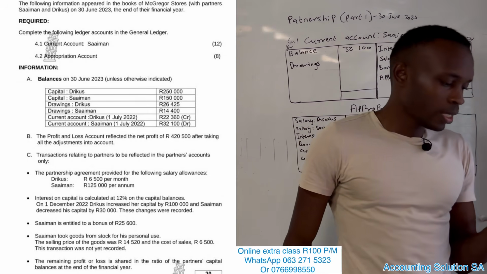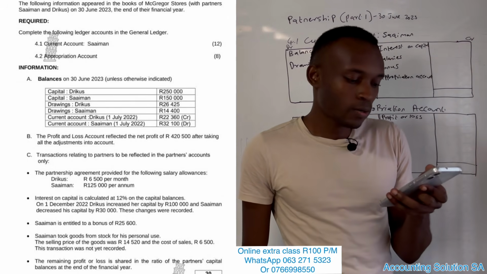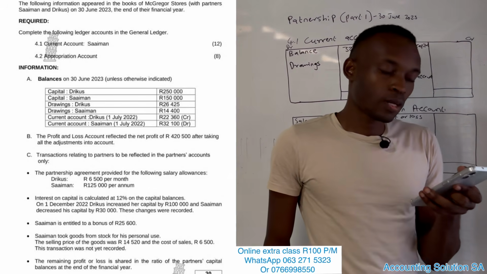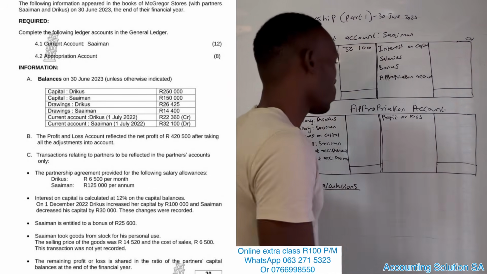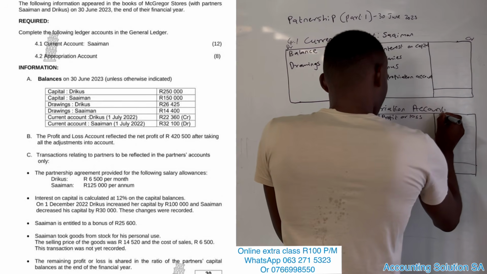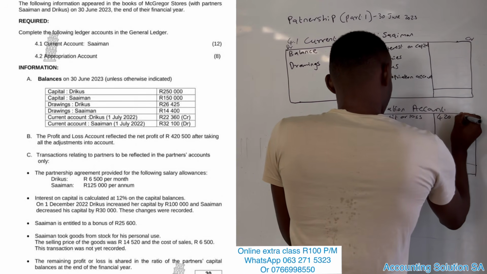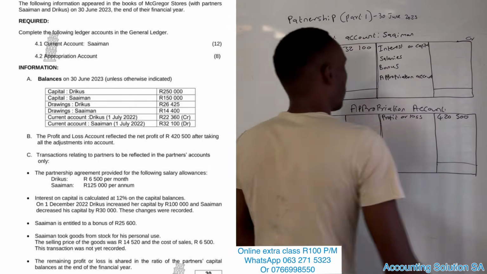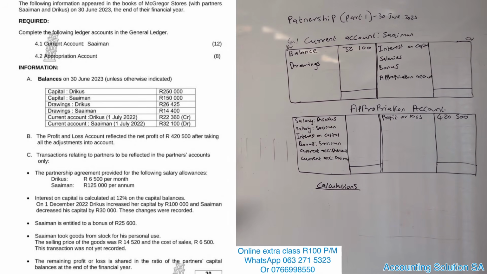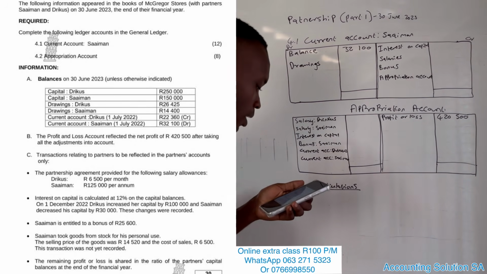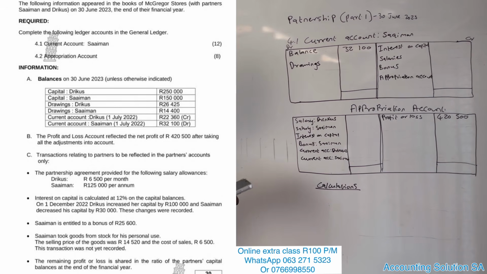Number B, they say that the profit and loss reflecting the net profit is 420,500. Profit and loss is straightforward, guys. You're just going to write 420,500 here, then you're done. The next one, the transactions related to partners are to be reflected in the partners' accounts only. Bullet number 1: the partnership agreement provides the following salary allowances. For Drinkers, they say it is 6,500 per month.